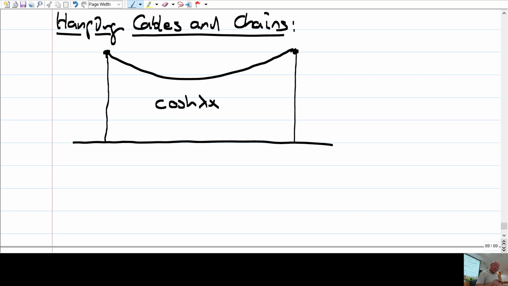Similarly, the vertical parts are not the same because the vertical forces keep the wire hanging, right? So the vertical force should be equal to the weight of the wire. So we also write that equation.